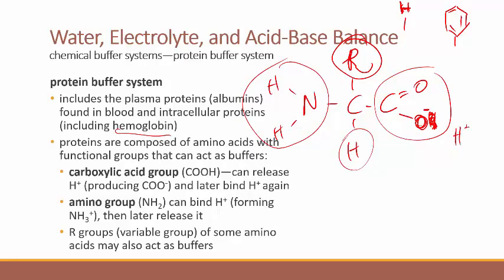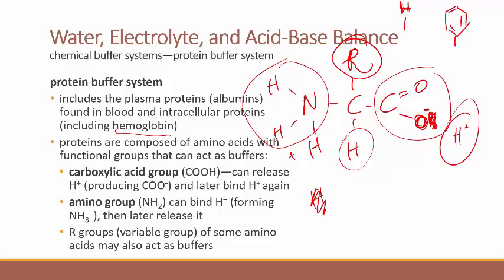If, on the other hand, there's lots of acidicness, then this nitrogen end, remember how nitrogen prefers to make 3 chemical bonds, but just a second ago we were talking about how ammonia can bind up an additional hydrogen ion. So it can also pick up a hydrogen ion there, making this end positive, and so that amino group can grab a hold of extra hydrogen ions, and then later on release it. So it can bind it, hold it, and if things become alkaline again, then it can drop off that hydrogen ion.